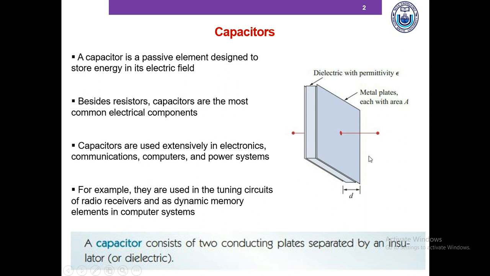A capacitor basically consists of two conducting plates separated by an insulator or dielectric. So here's an illustration: two conducting metal plates separated by an insulator known as a dielectric, and this dielectric has a certain permittivity, epsilon.